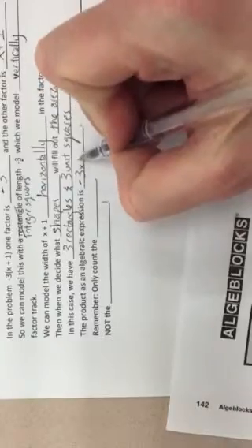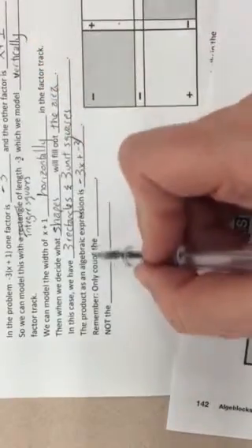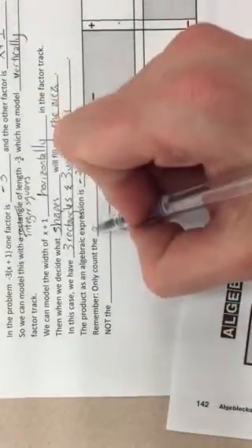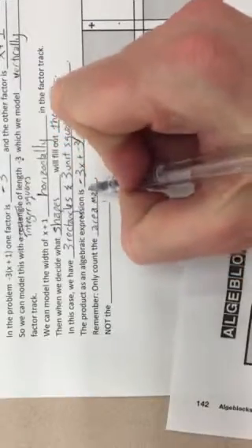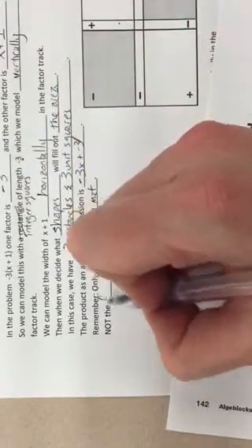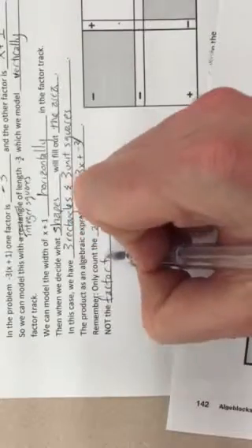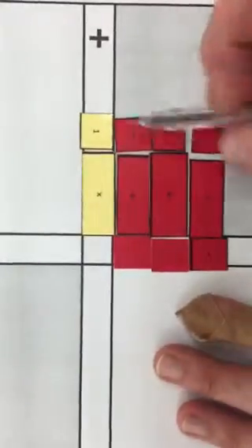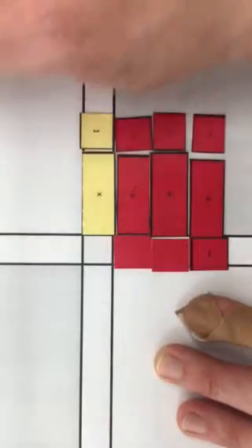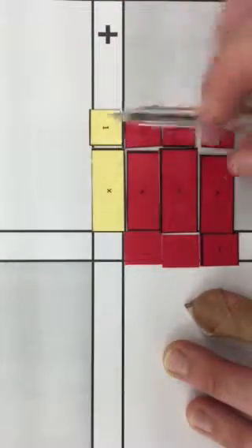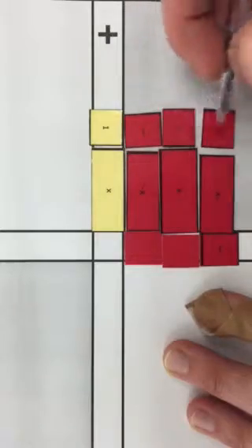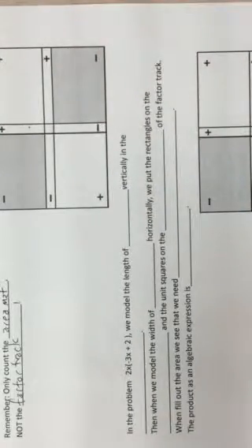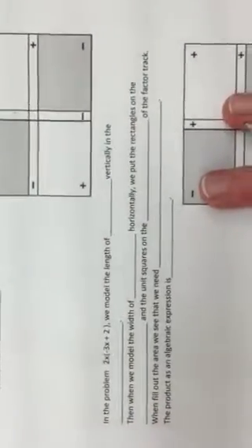Remember, we only count the area mat, not the factor check. Okay, so take a minute to go ahead and draw this in to your own, where you have the negative 3x's and the negative 3's. Take a minute to draw that in, or fill it in after this is done. I'm moving on to this problem.